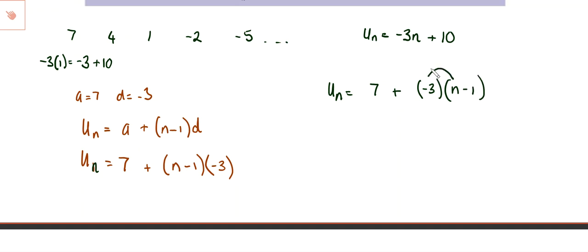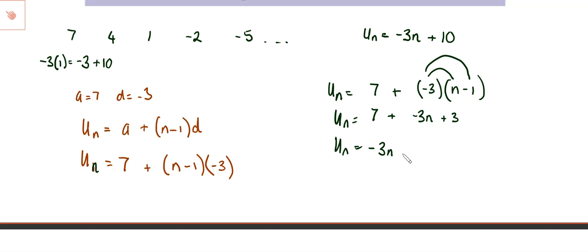We've got to expand these brackets. So it becomes 7 plus, what's -3 times n? So -3n. -3 times -1. Positive 3. Good. So then I'm going to write the -3n first.